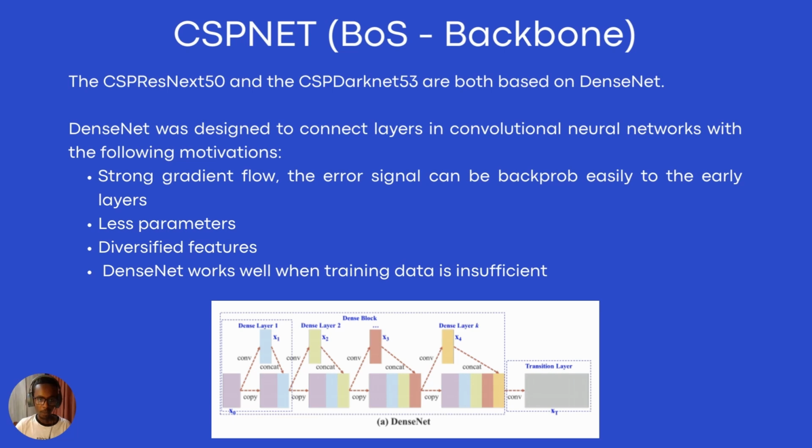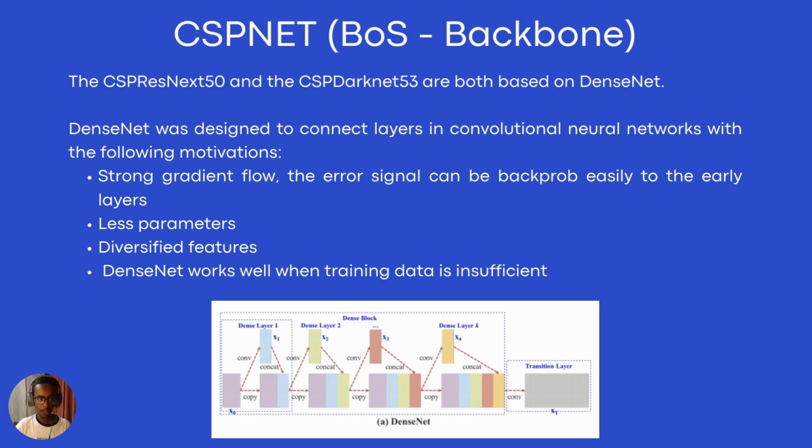So DenseNet allows us to separate the different features from the previous part of the network. As you can see in the image, we have different colors representing the different feature maps that were used at the different stages of the network.